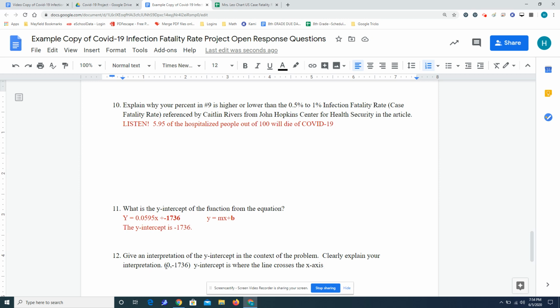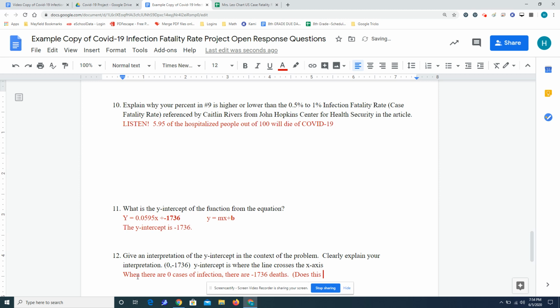Well, when there are 0 cases of infection, there are negative 1,736 deaths. So this is literal. Okay, that's the literal answer.